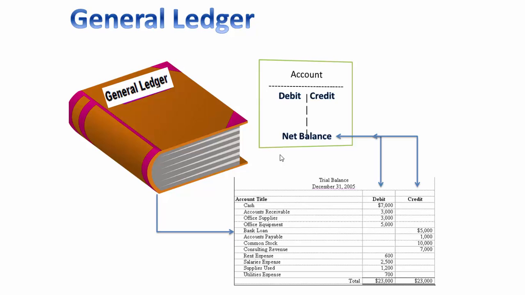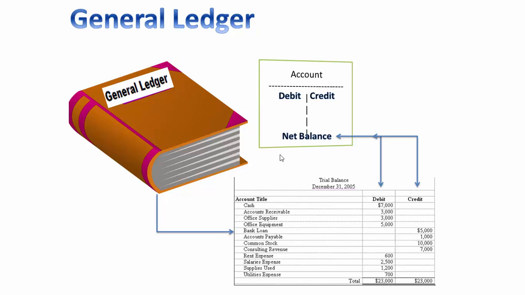So the trial balance is the first step towards preparation of financial statements. Financial statements meaning profit and loss statement and balance sheet. I will explain about the trial balance, P&L statement and balance sheet in subsequent sessions.